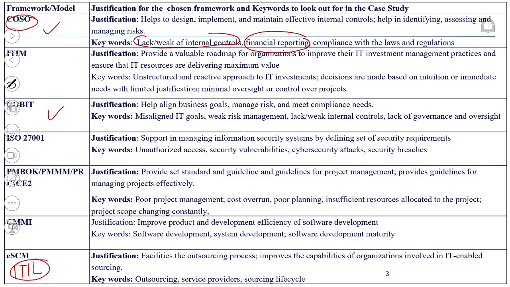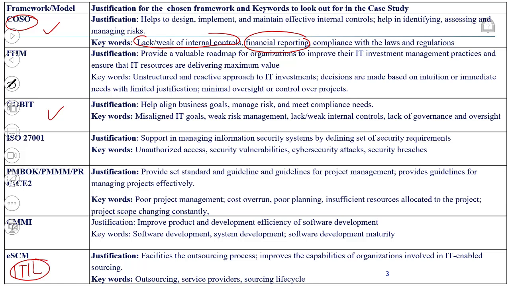So the keyword that would differentiate COSO and COBIT is that COSO is mainly used in the financial sector and for financial reporting, whereas COBIT tends to be quite generic and comprehensive. COBIT is like an umbrella framework, so you can embed other frameworks within COBIT.